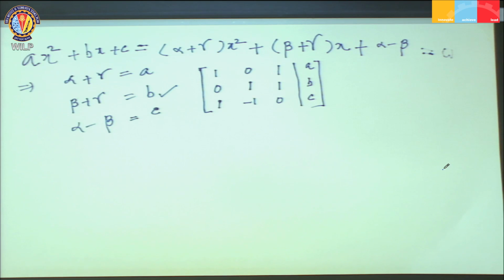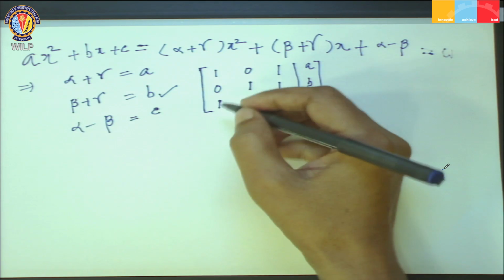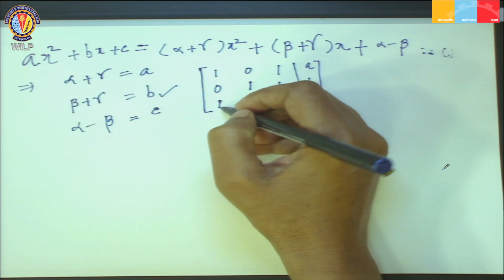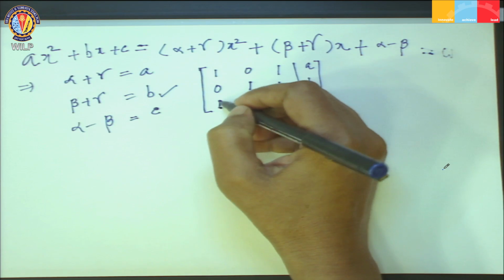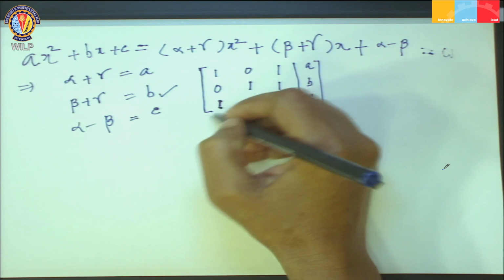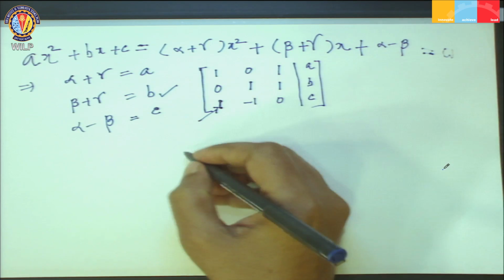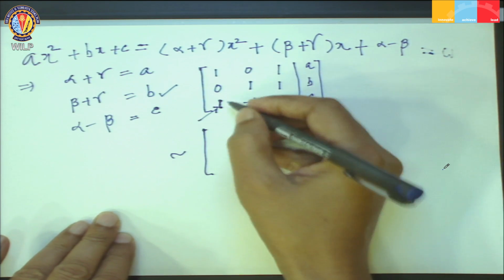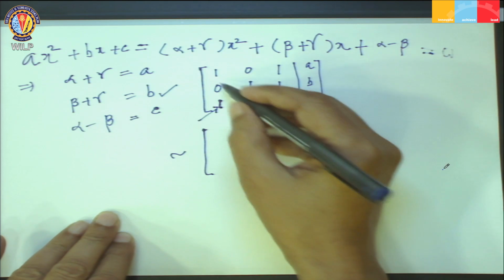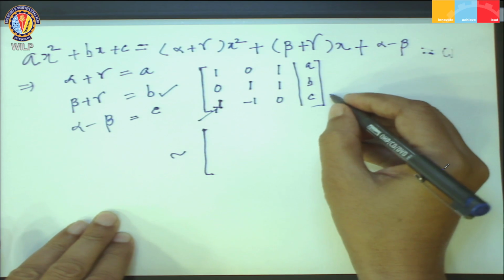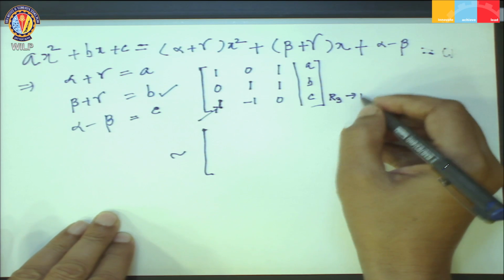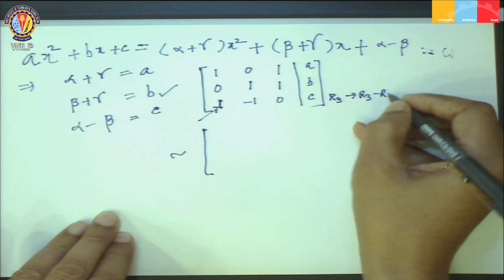Now we want to change this matrix into row reduced echelon form. Here it is already 1, here it is 0, and you want to make this element 0. How do we make it 0? Can you change the third row R3 by R3 minus R1?